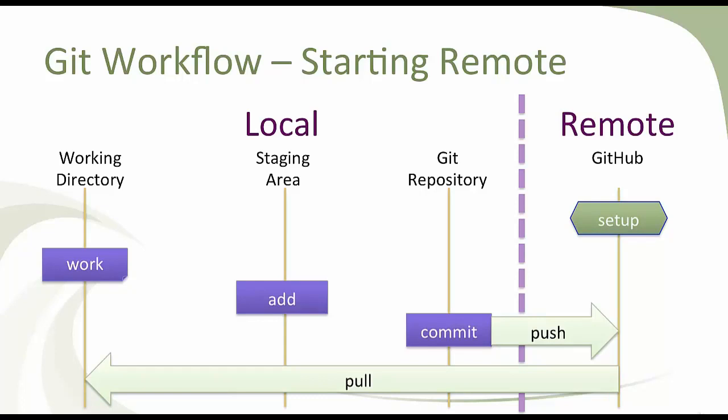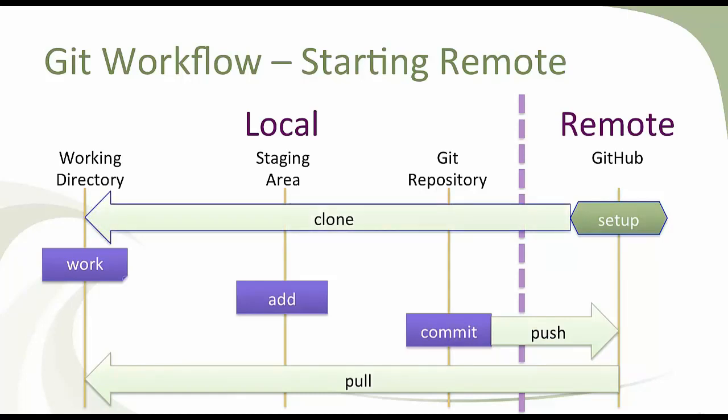This workflow looks slightly different if we were to start remote. So starting remote means we would go out to GitHub and set up our GitHub repository and then do a clone to create a new repository on our local system. Then we would do our work, add to staging area, and commit to our Git repository just like before.